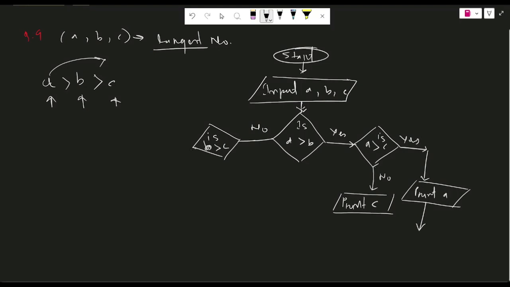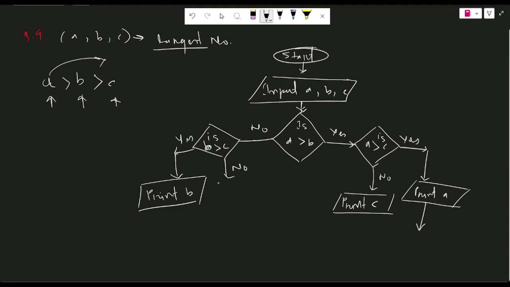There will be 2 conditions, where one will be yes, b is greater, and one will be no, b is not greater. If it is greater than c, that means we have got our answer, which is print b. So the larger number will be b.